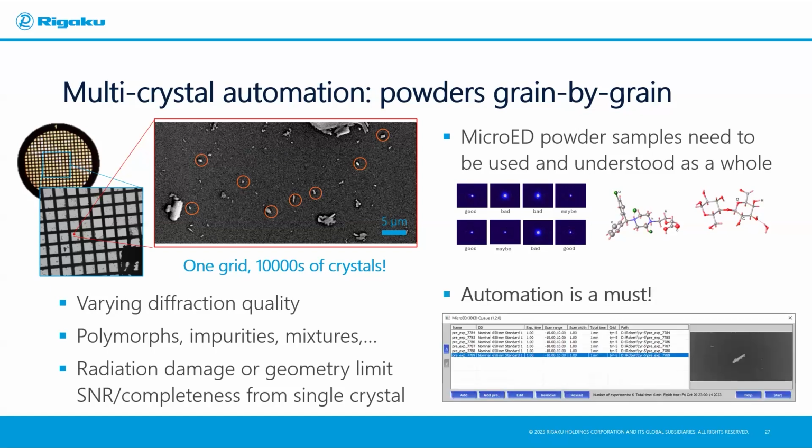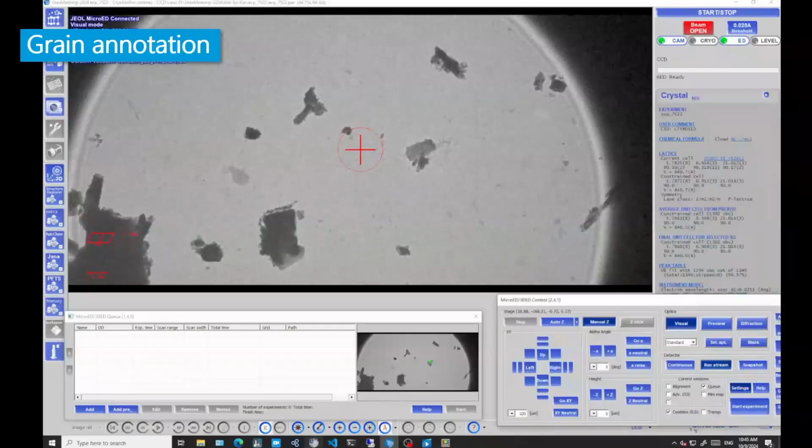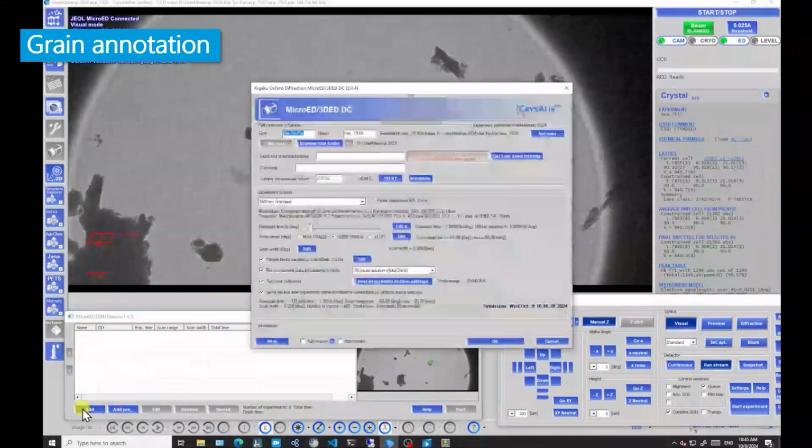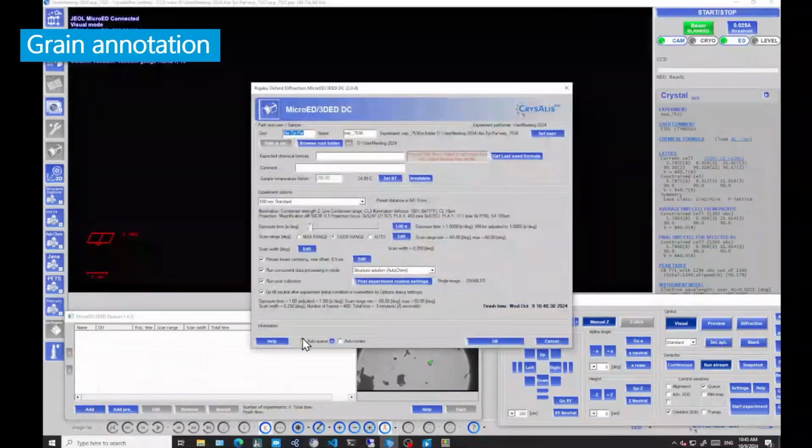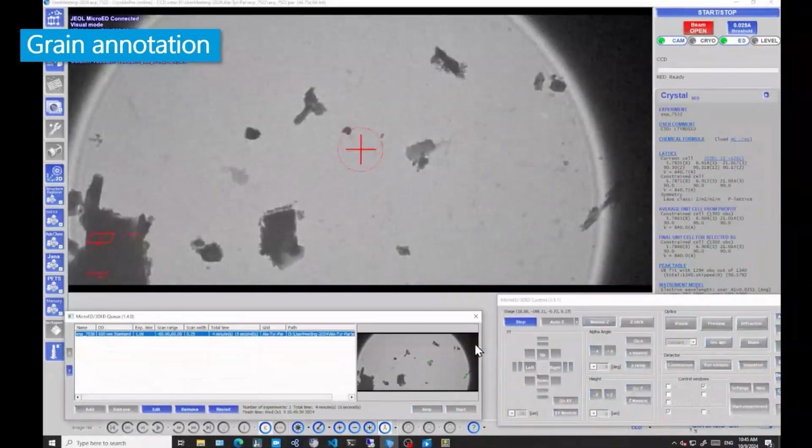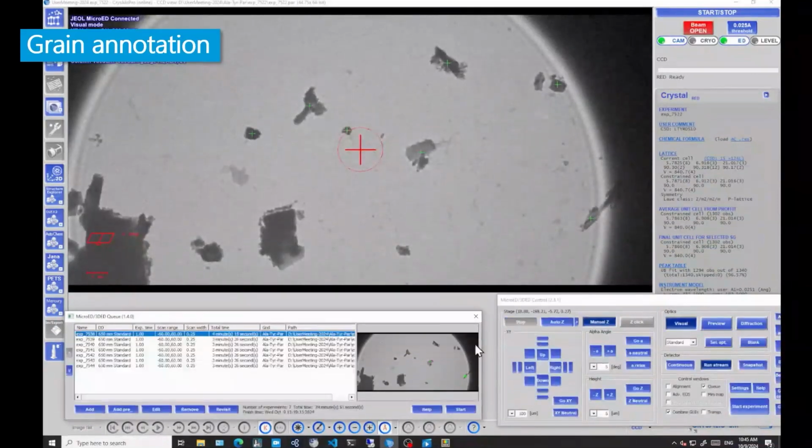So, well, the first part of all of this, of course, is to first find the crystals in the first place. You can annotate them manually. This is still what most people do because it's actually not so much work for later steps. As you see here, we also have functionality to do that automatically, just identifying them.